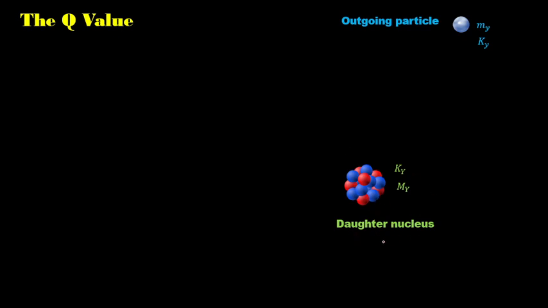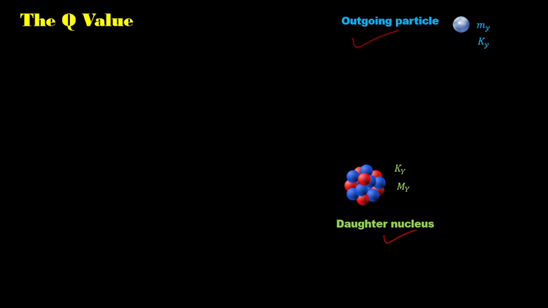It is called daughter nucleus. It has a mass my and kinetic energy ky. Daughter nucleus does have certain kinetic energy, and along with the daughter nucleus an escaping particle is formed which travels with certain velocity and has a kinetic energy ky. My is the mass of this escaping particle and ky is the kinetic energy of it. This escaping particle is called outgoing particle.